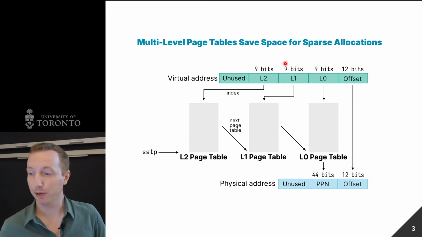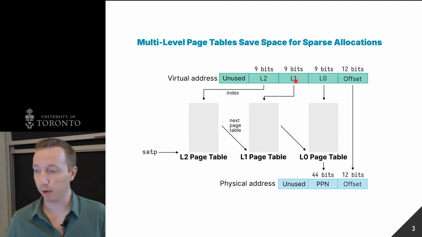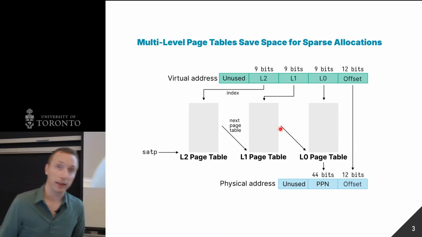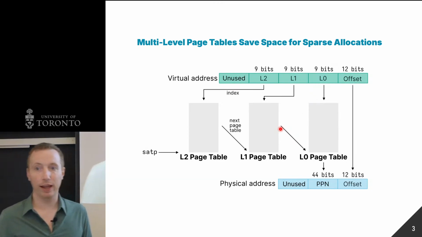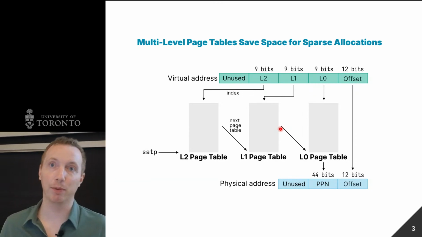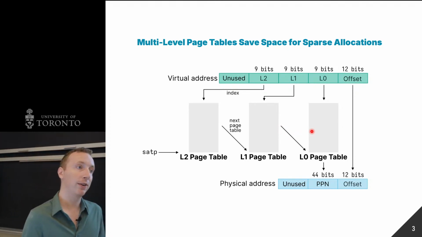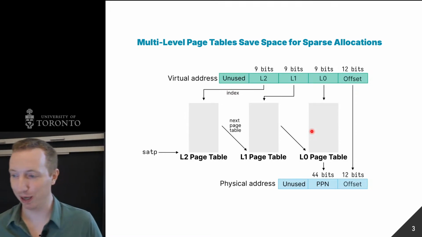Then I use the next 9 bits, the L1 index, to find what entry I should look at. That entry will also tell me a physical page number, and that physical page number will tell me where my L0 page table is, which is the lowest level, which actually has the physical page number for this virtual page.